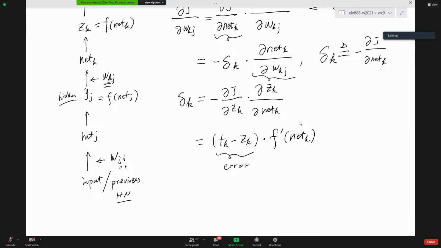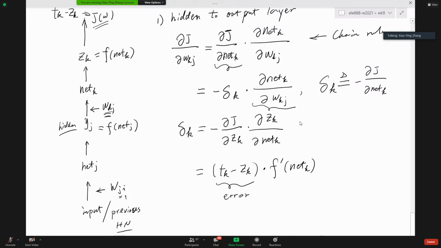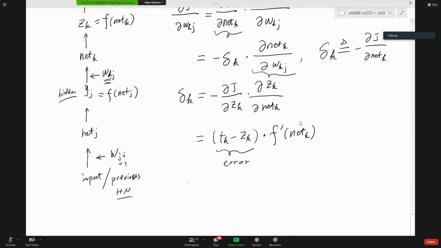Therefore, partial net k, partial wkj equals yj.